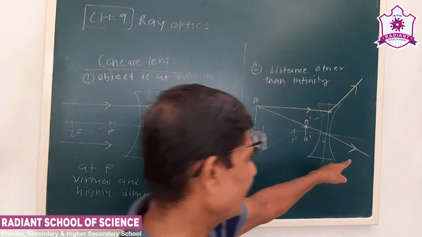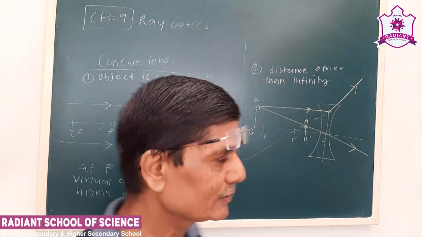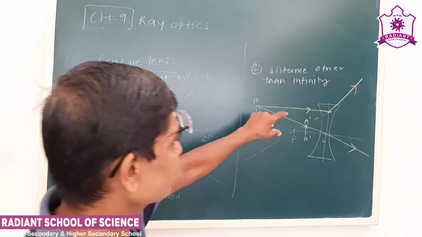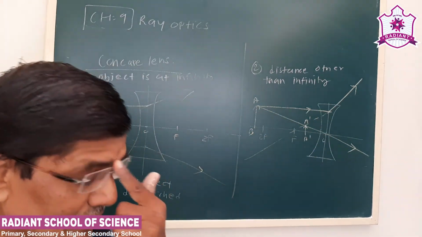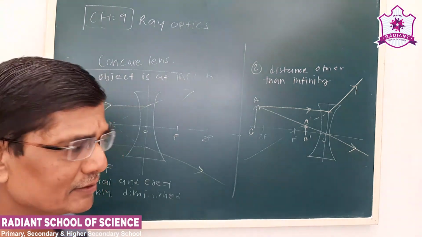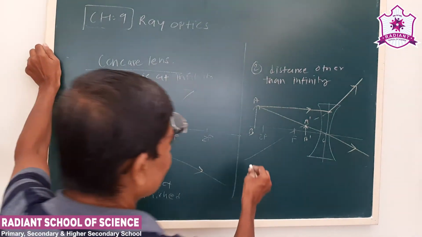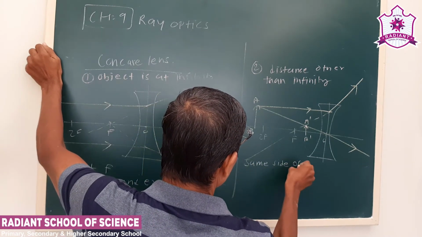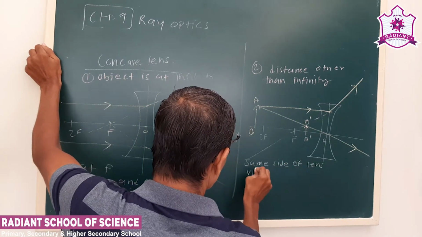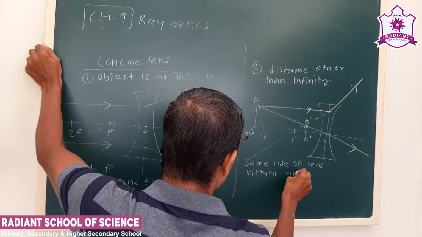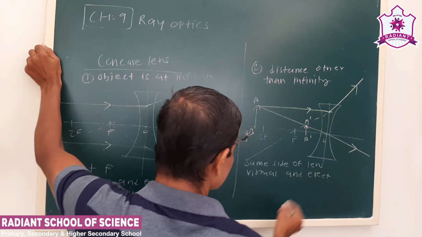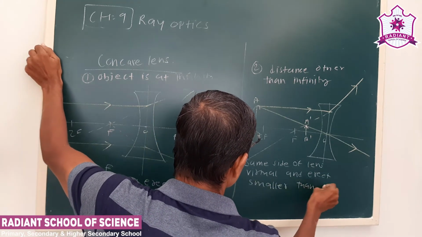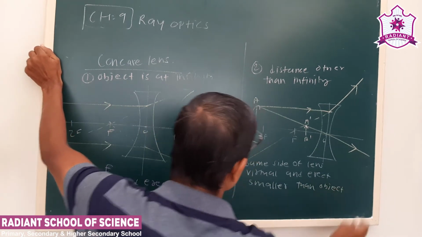So here also, because it is a diverging lens, the rays were separated, but when we produce them back, they meet at point A dash, and at A dash B dash the image is formed. So here the image is on the same side of the lens, virtual and erect and smaller than the object.